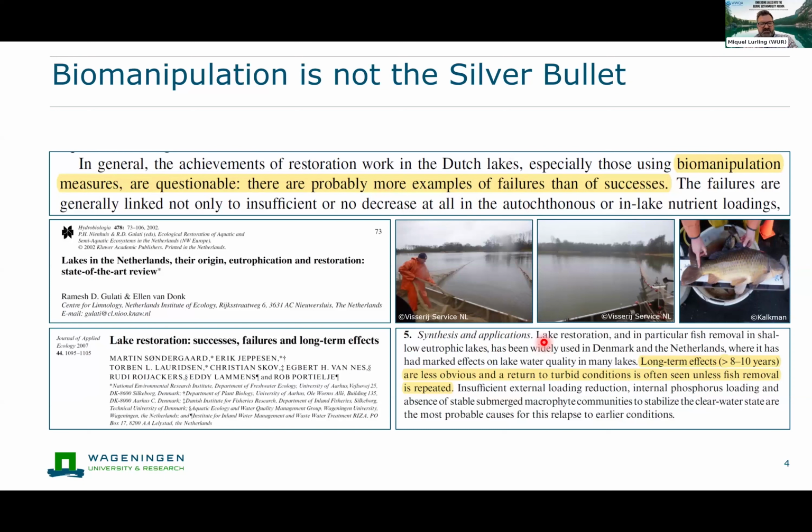Similar conclusions were derived by comparing Dutch and Danish lakes that had been biomanipulated. There are not that many long-term successes unless you repeatedly remove fish in certain lakes. And this is actually an example that we also saw in Tom's presentation before.